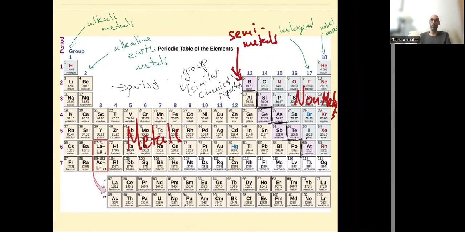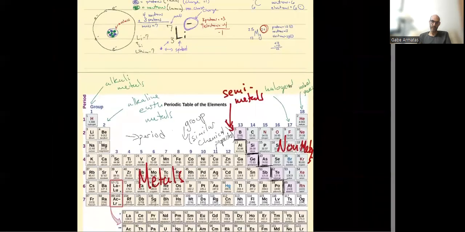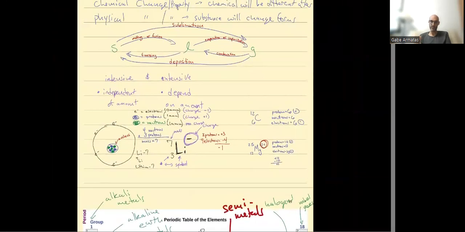Group 1 is really reactive with water, and that's what we find out when we run chemistry on this stuff. That's pretty much all that you need to know for the periodicity. We're going to break it down more in the next chapter, but that's the basics of it: matter, the periodic table, how it was developed, and kind of what an atom looks like. Okay, all right.